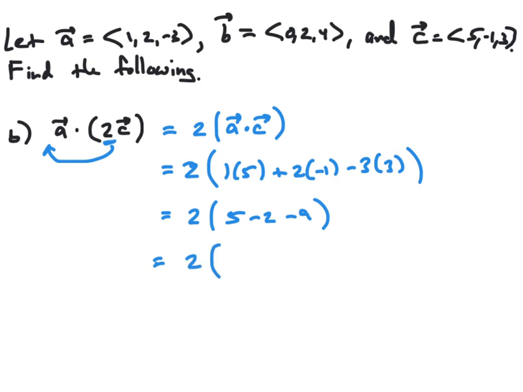So here we have a dot product of negative 6. We then multiply that by 2 to get negative 12. So A dot (2 times C) will be negative 12. Notice that we could have first scaled C by 2 and then taken the dot product with A, and that would have also yielded negative 12.